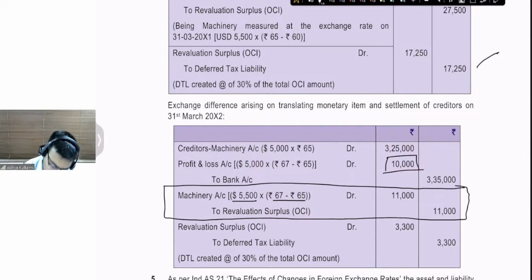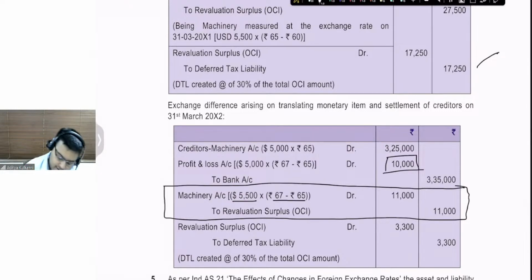You have stated your creditors at 65. But when you go to the bank, they are saying you will not have to pay 65. The exchange rate is 67, so you have to pay 67. You have no choice. So the difference between 67 and 65, 2 rupees per US dollar, is the extra amount which you are paying. So 2 into 5,000, that 10,000 represents extra payment which you are making.